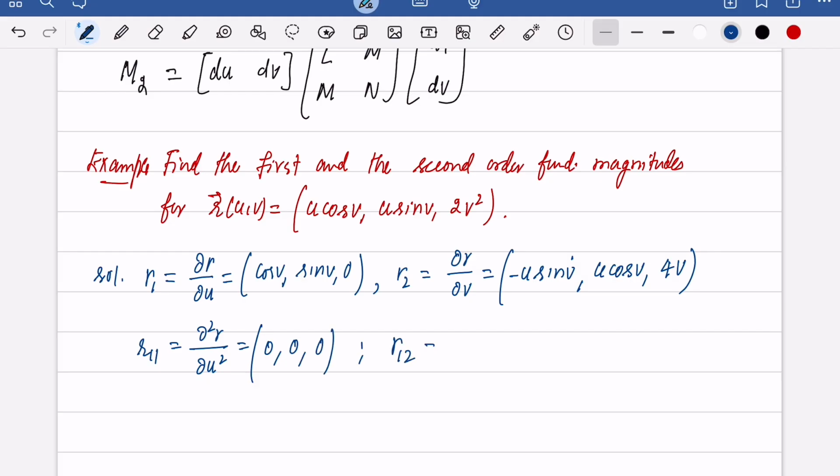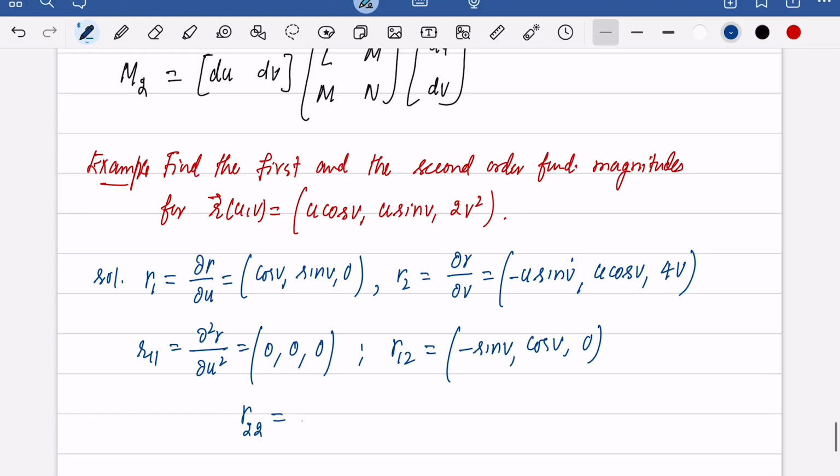Similarly r12 is equal to (−sin v, cos v, 0), and r12 is the derivative of r1 with respect to v, or the derivative of r2 with respect to u. And finally r22 is equal to (−u cos v, −u sin v, 4).